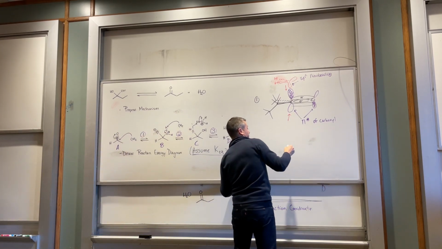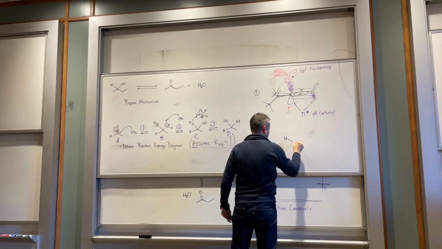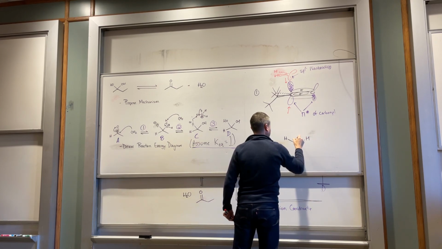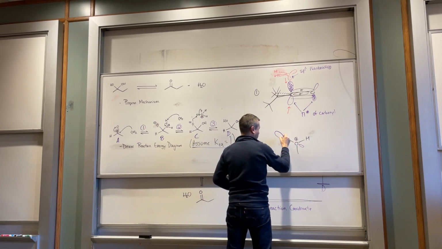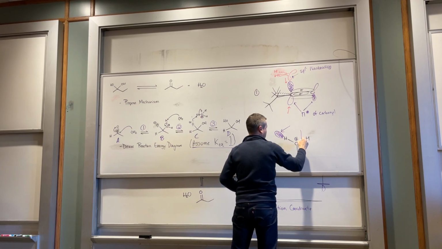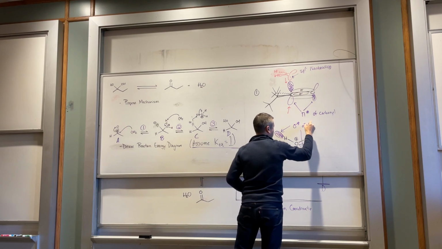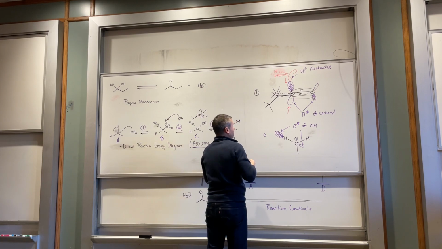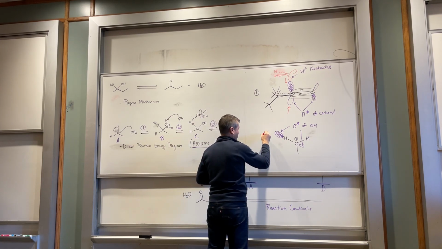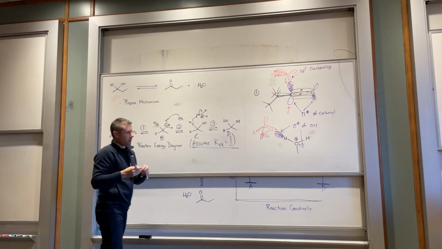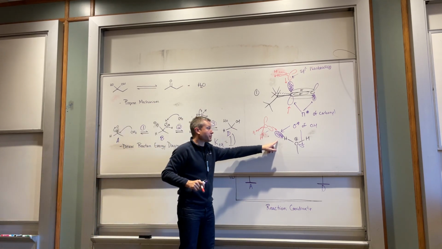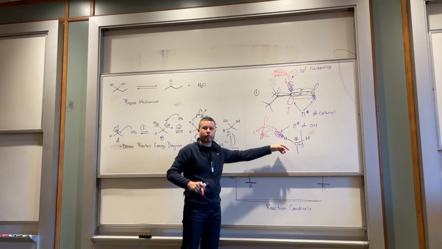So for acid-base chemistry, in acid-base chemistry, the orbitals that you're interacting with are always going to be sigma antibonding orbitals to hydrogen, right?